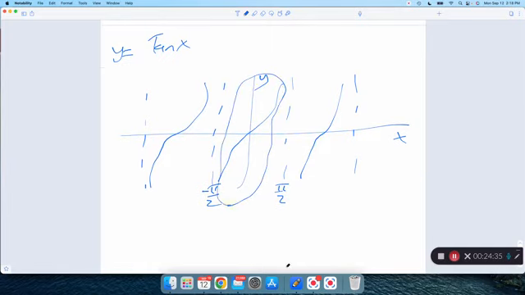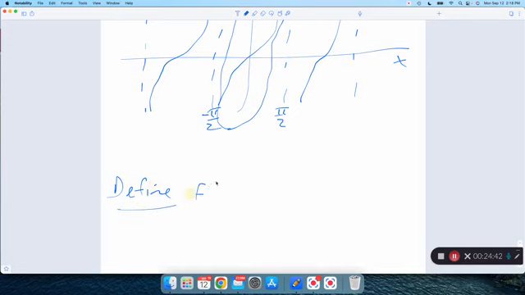So we define this brand new function. It's not tangent. It's a restricted version of tangent. Tangent of x on negative pi over 2 to pi over 2, not including the endpoints, because tangent's not defined there.